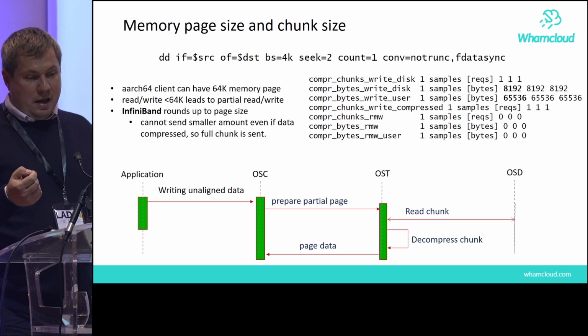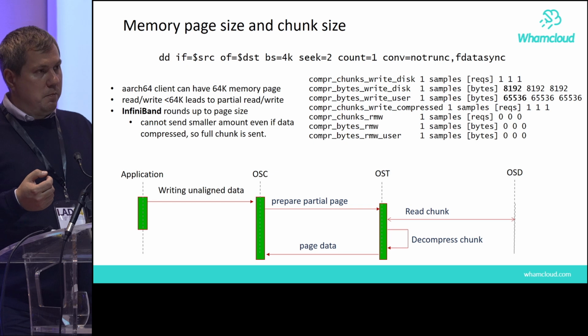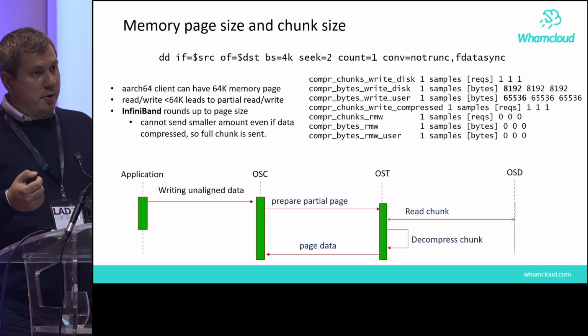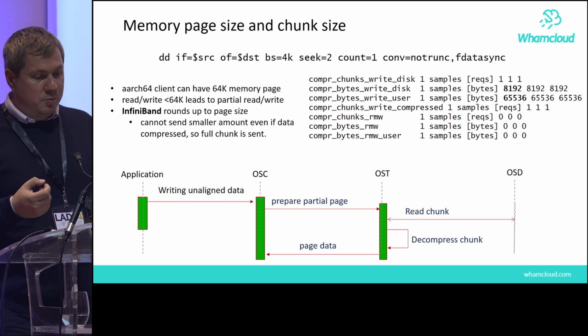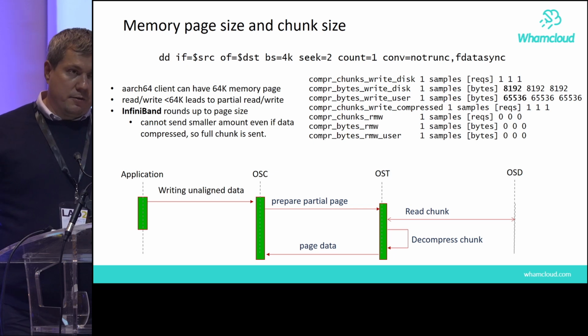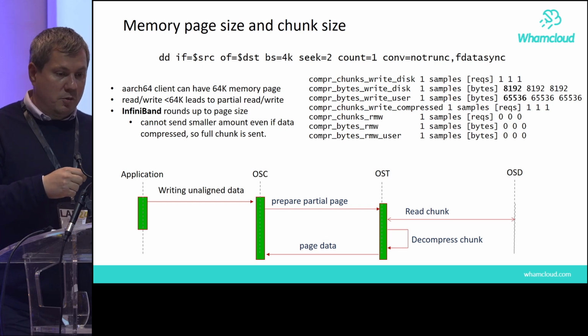So here I should mention that when part of a memory page is being rewritten, this special case happens, and this partial page should be written from the server and changed in place.